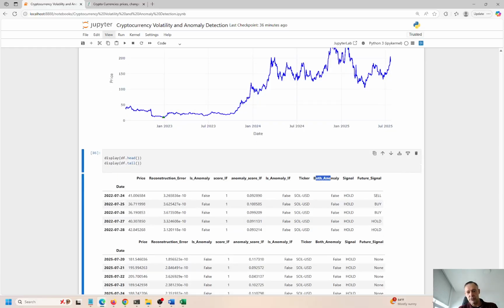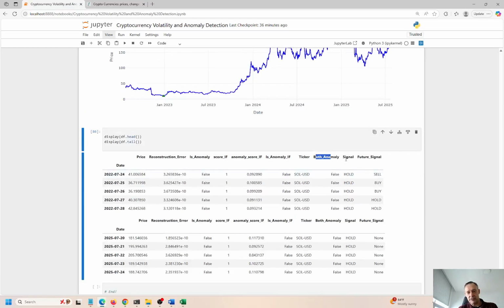If they're both true, I want to know about that. And then the signal is to buy, hold, sell. So we have a bunch of holds over here. And the future signal, I remember the signal is in the past. The future signal is how to leverage that knowledge that we gained from historical movements or historical patterns, and use that into the future. This is our buy, hold, sell recommendations into the future.